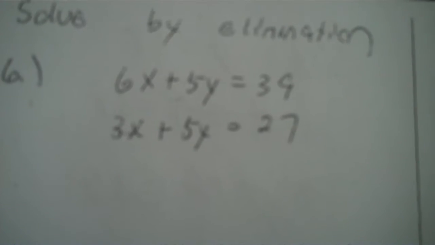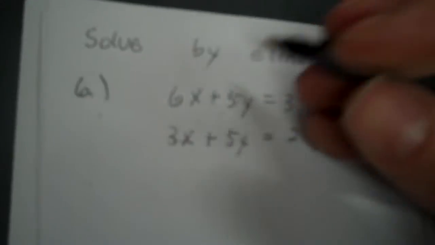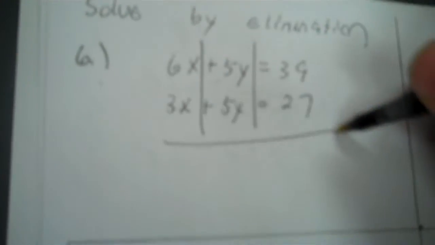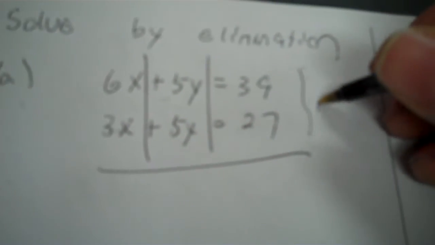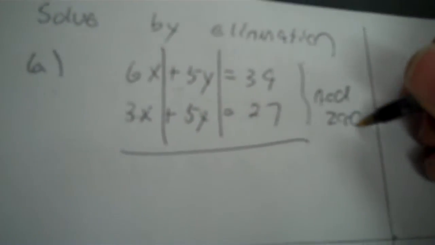Okay, next problem. Solve by elimination. 6x plus 5y equals 39, 3x plus 5y equals 27. Okay, I don't have a base, so what I do in elimination is align my x and y's into columns. And I need to add to get to 0, okay?